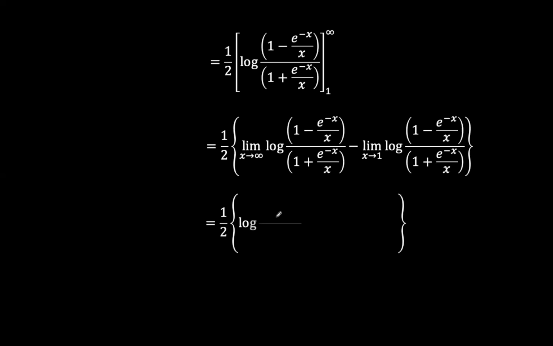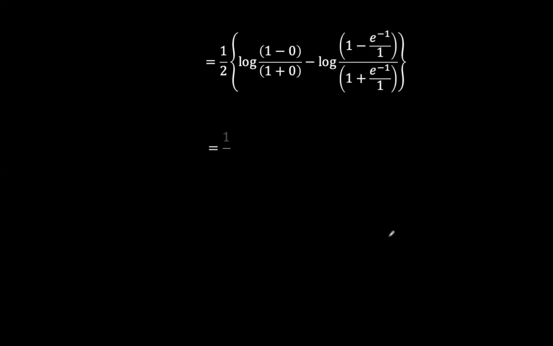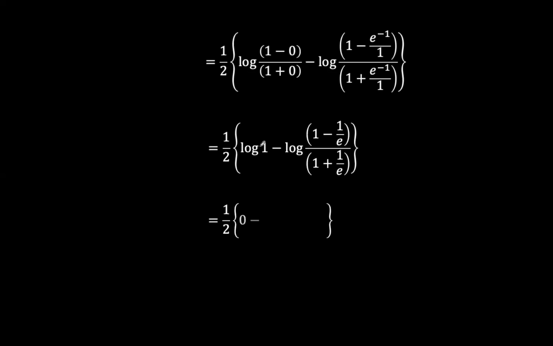And so log of 1 minus 0 over 1 plus 0, minus log of 1 minus e to the power negative 1 over 1 plus e to the power negative 1. So the e to the power negative 1 is the same as 1 over e, multiply across by e, and since log 1 from here is 0, that goes away.